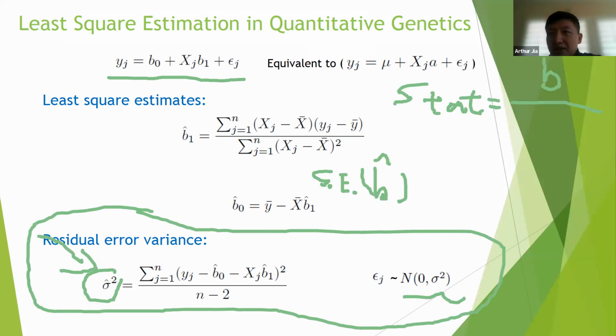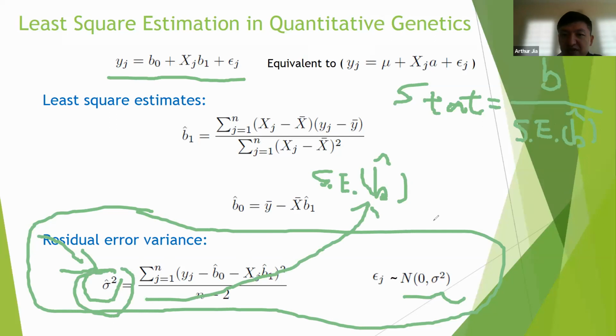The numerator is the estimated slope, and the denominator is the standard error of the estimation of this parameter, the slope. And the reason why we want to calculate the residual variance is because we want to use this to calculate the standard error of the estimation of the slope.